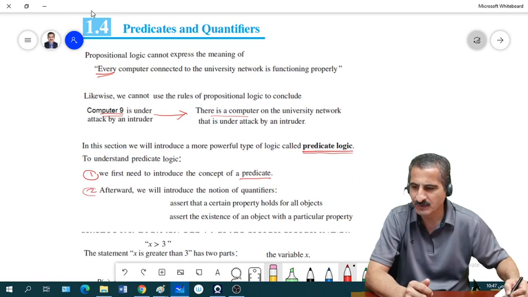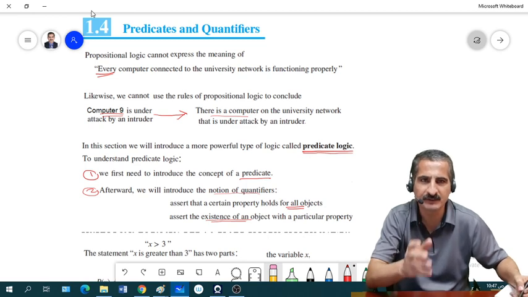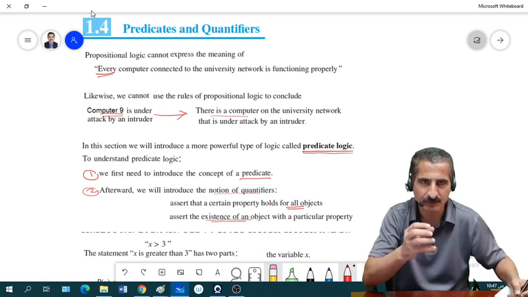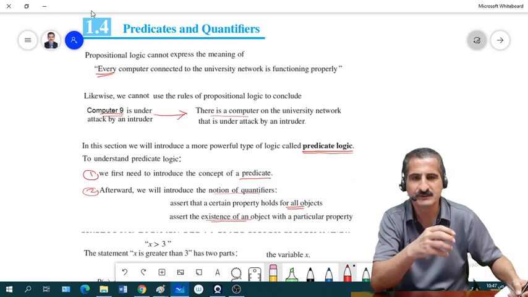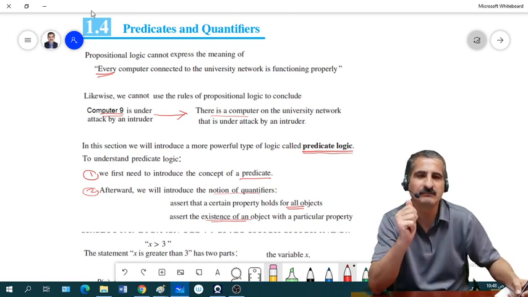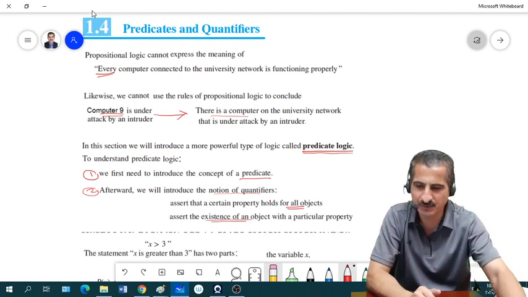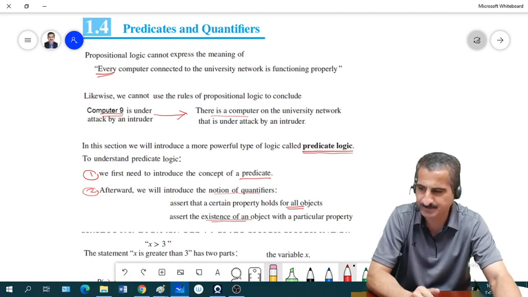Two, we need to know the notion of quantifiers, some of which assert that for all objects some property is satisfied, and some others assert that the property is satisfied by one or more, by some object. So a certain property is satisfied by all objects or by some object. These are the quantifiers that we are going to learn. So let us start.